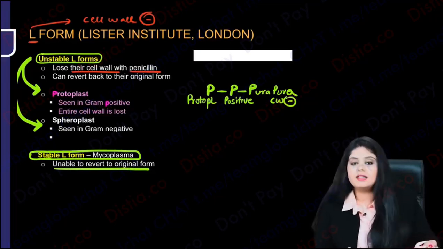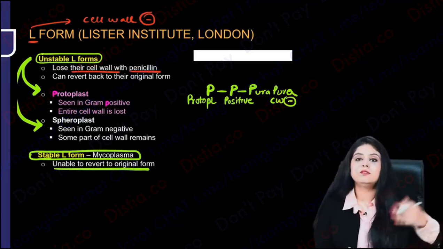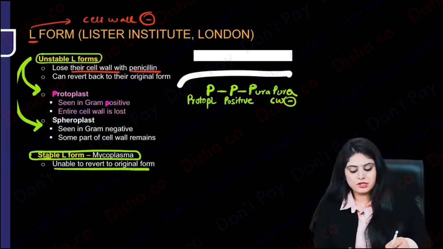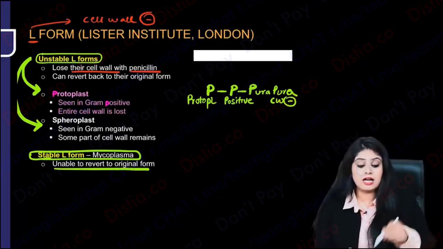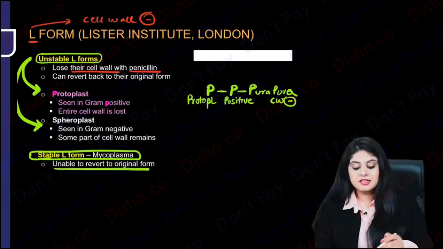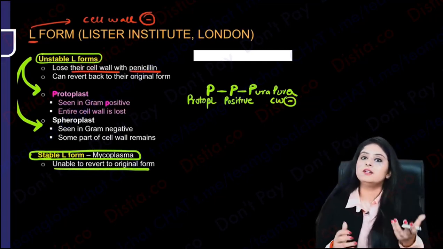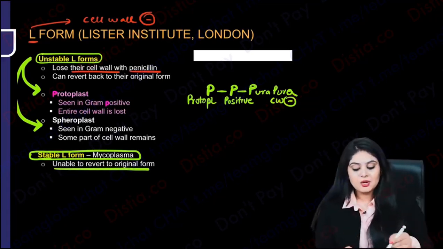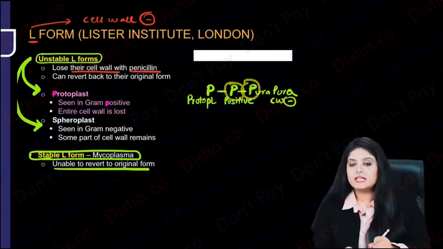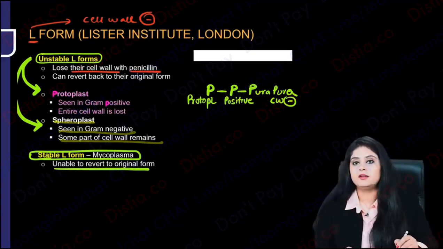Spheroplast is going to be seen in gram negative, and is the entire cell wall lost? No, only a part of the cell wall is lost and a part of the cell wall remains. That's why I made this mnemonic, so that your life becomes easier, because till I was in my MBBS, my life was not that simple and we could never understand these things. The purpose of me teaching microbiology has only come from the fact that I have cried over this subject once upon a time. So having said that, protoplast is seen in gram positive, the whole cell wall is lost. Spheroplast is seen in gram negative, a little bit of cell wall is lost.